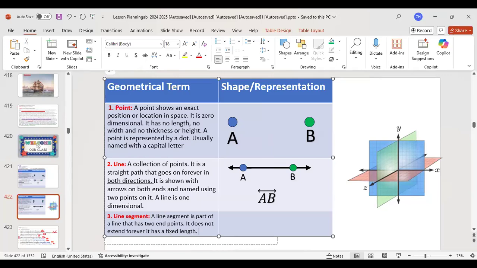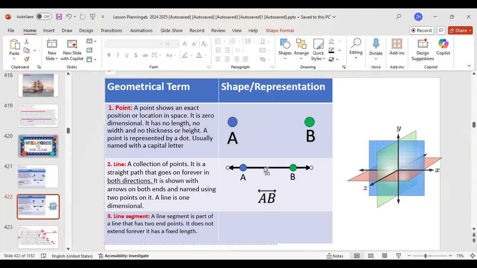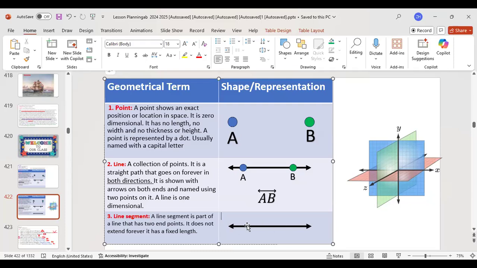All right. So if you want to label a line segment, would this be a line segment that I have here? No, sir, it would not be a line segment. Oh, by the way, a line segment is one-dimensional.